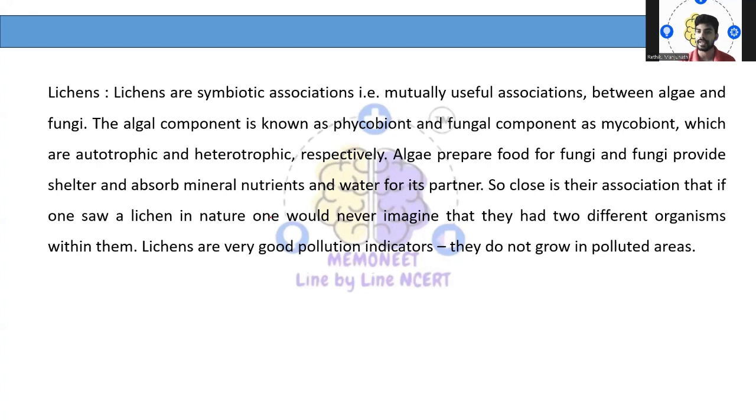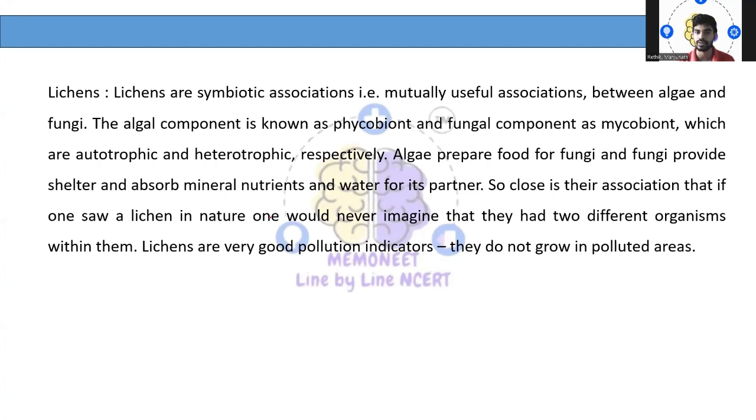They are so closely associated that when you see a lichen in nature, one would never imagine that there are two different organisms within it. Lichens are very good pollution indicators, as they do not grow in a polluted area.